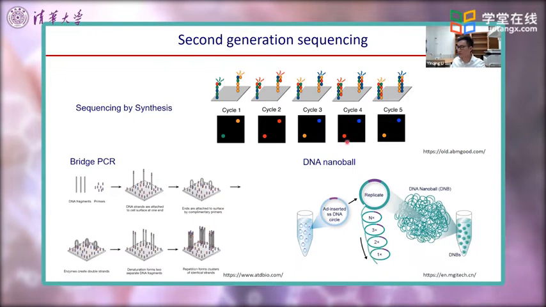Alternatively, fragments can be embedded into a circular DNA. Then you can imagine a complementary DNA that goes around this circle and generates many, many copies of the same circular DNA sequence. This will form a cluster, and this is embedded later onto a solid surface to be sequenced.